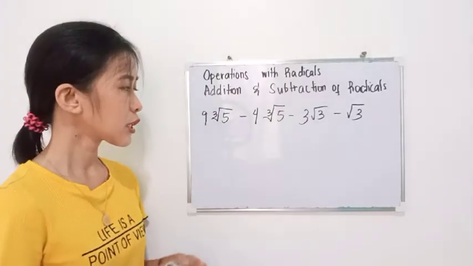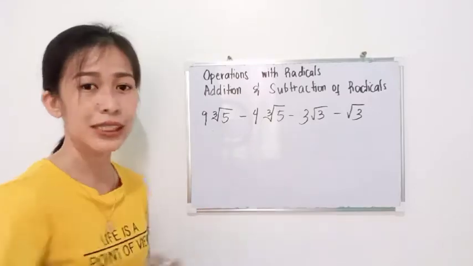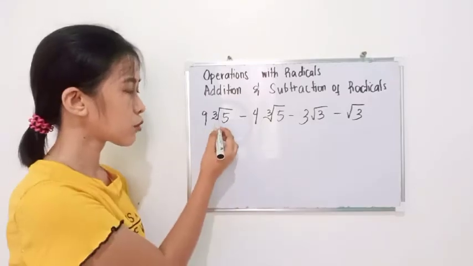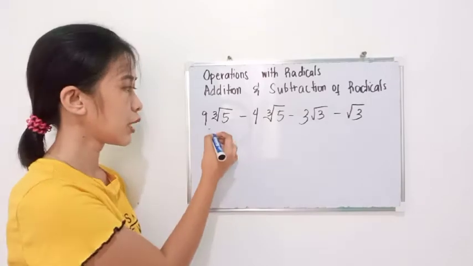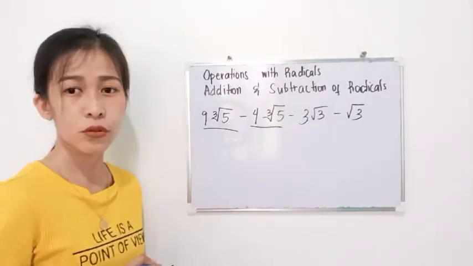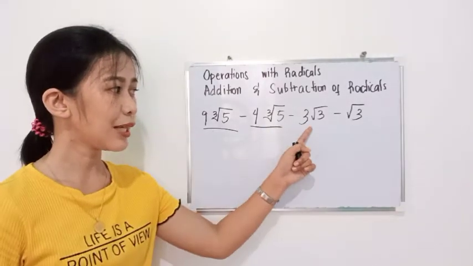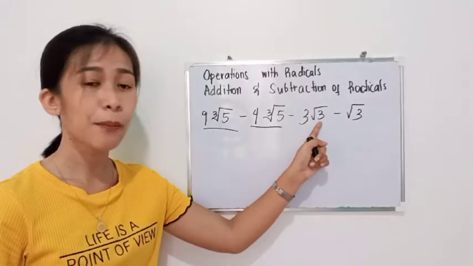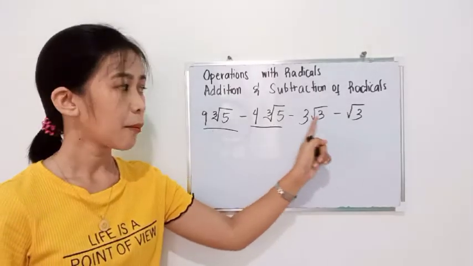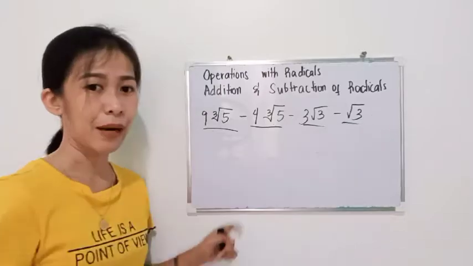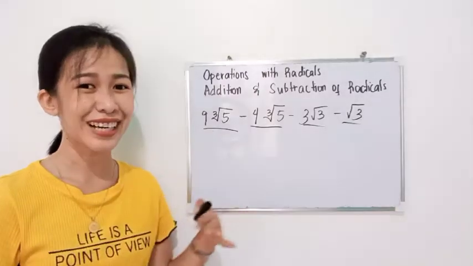Alright? Therefore, which ones are similar? 9 cube root of 5 is similar with 4 cube root of 5. While for these two, since both are square root of 3, only they are partners. The partnership still happens.